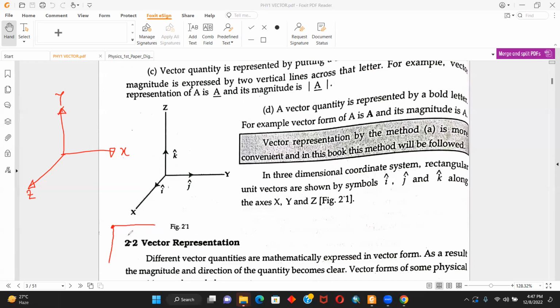This will be termed as the x-axis and the y-axis. And the direction in which the height of the wall has gone will be termed as the z-axis. We cannot really draw a height on paper, so it seems like a 45-degree angle, but actually these are all 90-degree angles. This is 90 degrees, this is 90 degrees, and this is also 90 degrees.